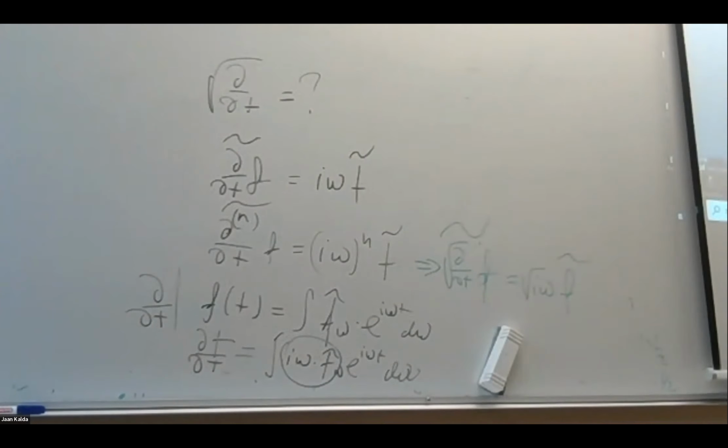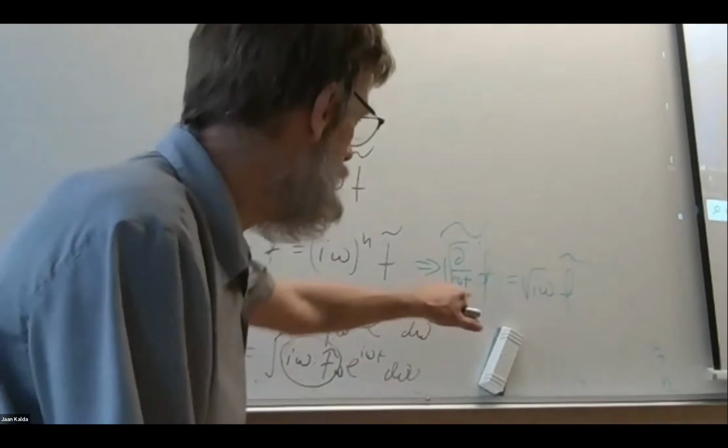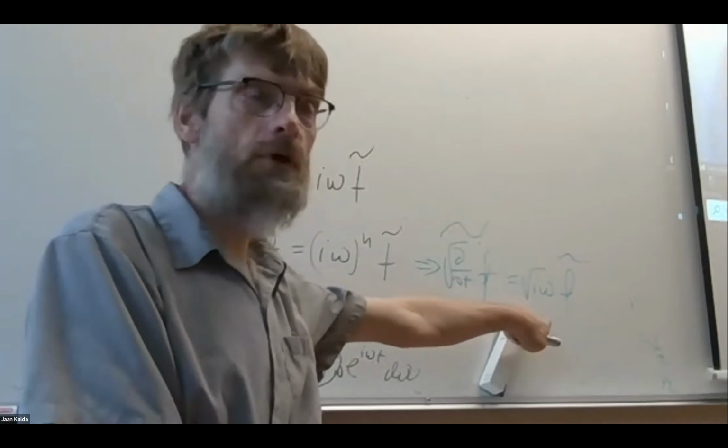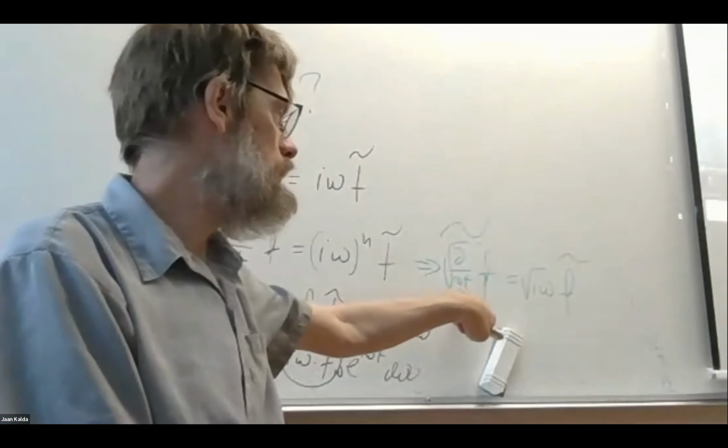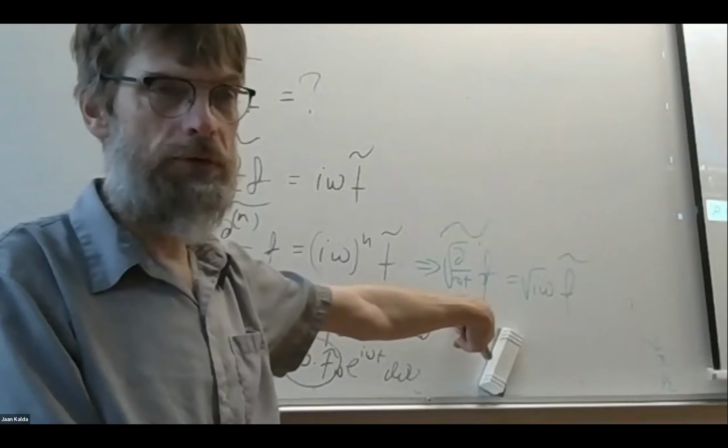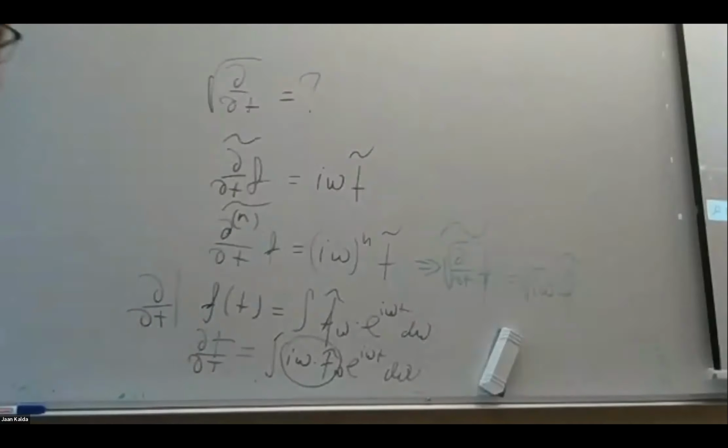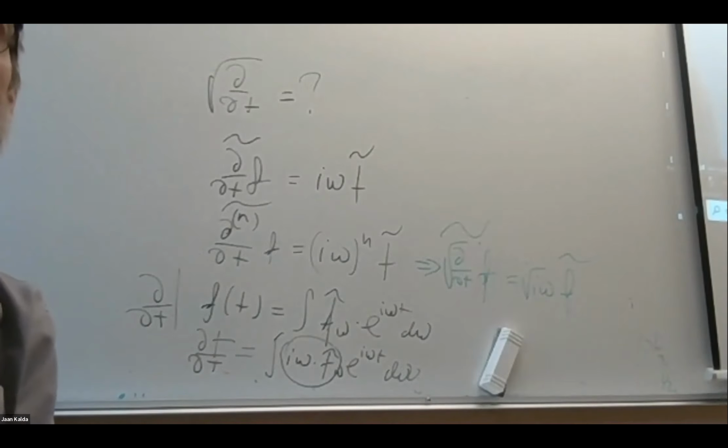Okay. And now you can take the reverse Fourier transform, and we obtain an expression for what it actually is. That's how you can do it, and not necessarily only the square root of the time derivative, but any power of the time derivative you can take.